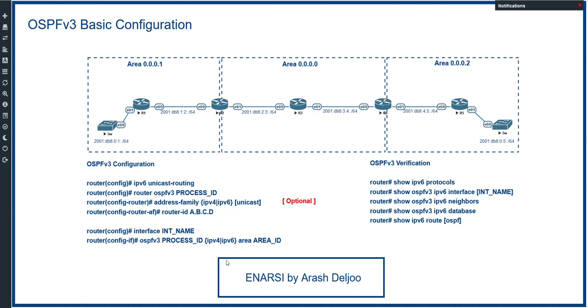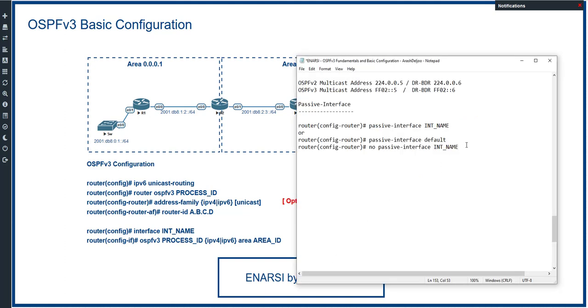For changing the network type, we have a similar command to the one you have used before, but with a little difference. Let me write here, network type. In OSPF version 2, we use the IP OSPF network command on the interface. Here we are using another command.